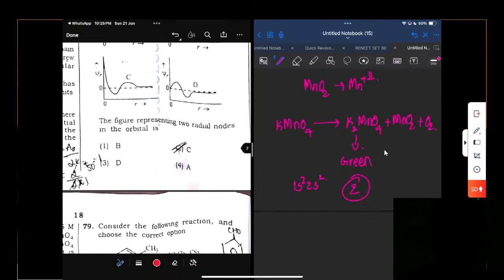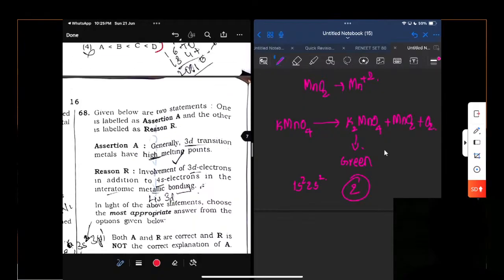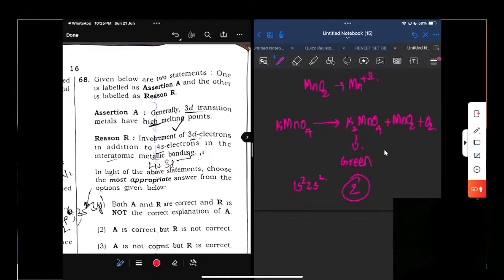Next question we have is: given below are two statements, one labeled as assertion A and another one as reason R. Generally, 3d transition metals have high melting point. Is it true?